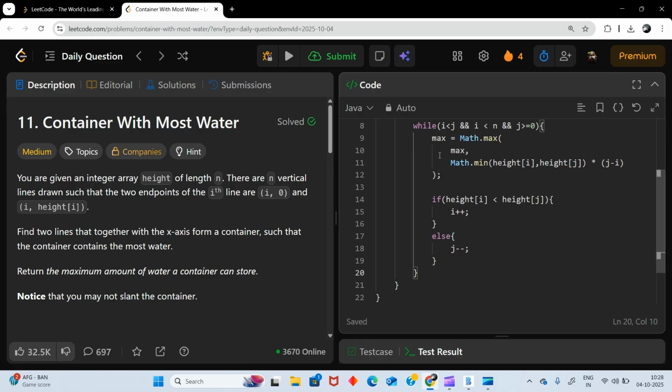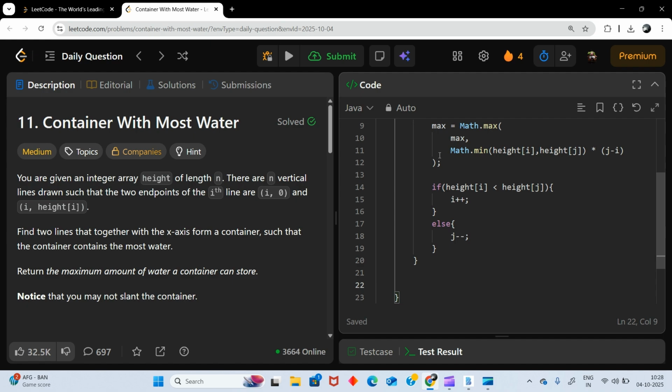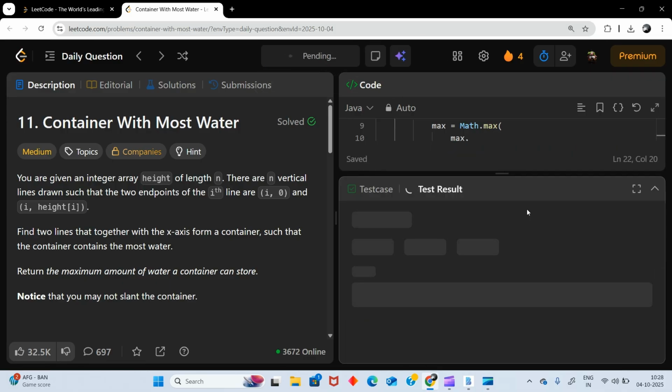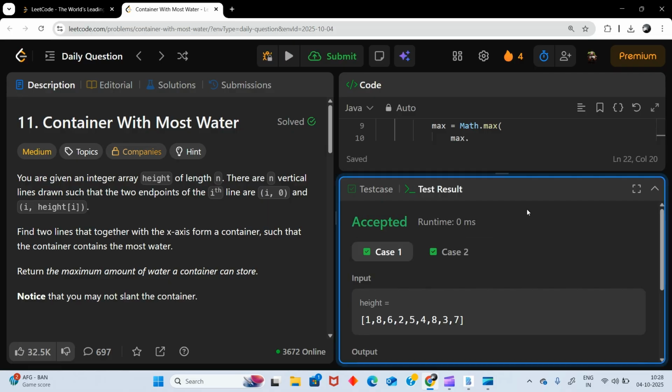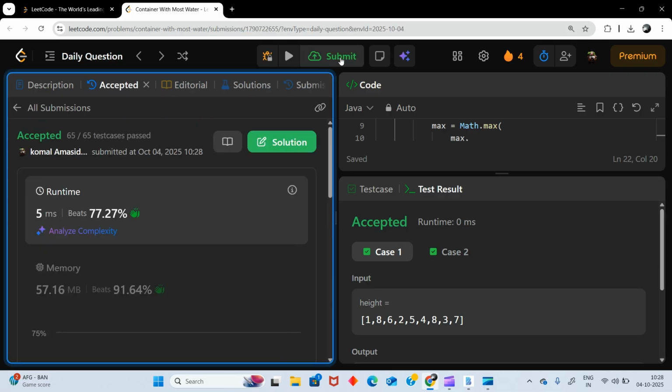Once the loop is completed, that is, once both pointers come together, the loop will stop and we will return our max value. Let's run this. Yes, you can see accepted. Let's submit. You can see the solution is accepted.